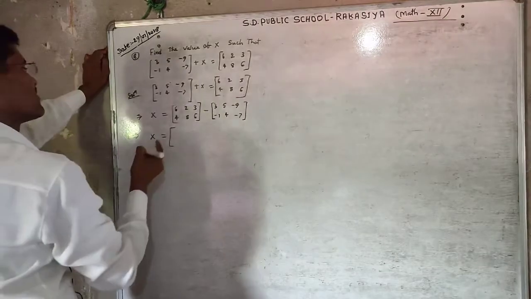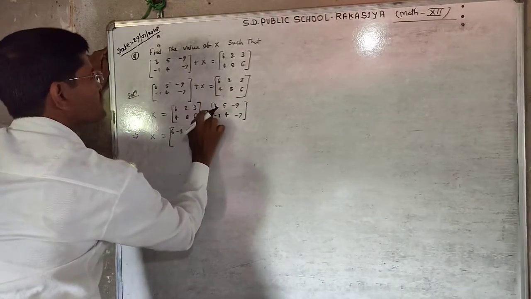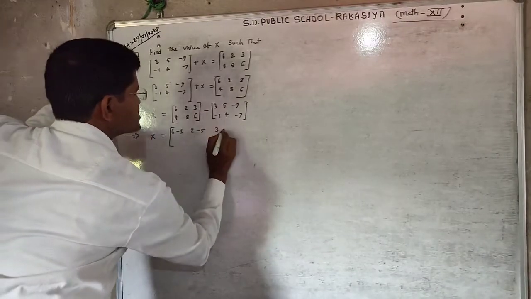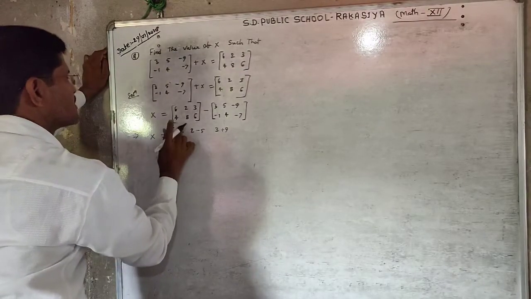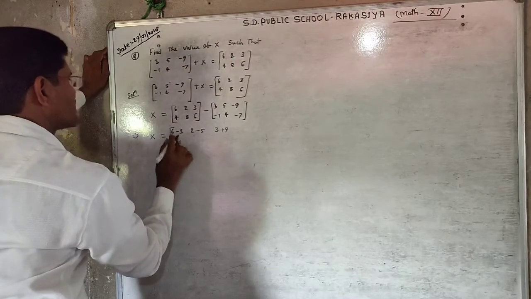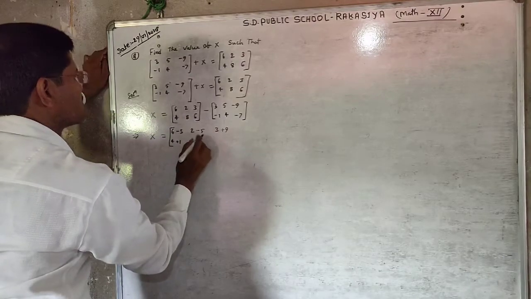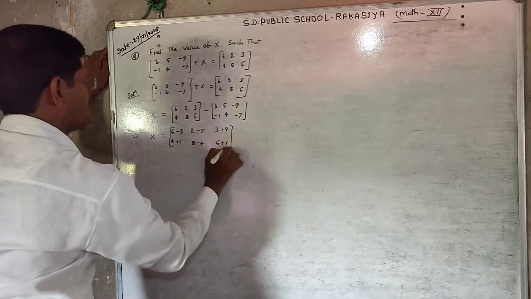Then this implies the matrix X can be found as 6 minus 3, 2 minus 5, and 3 minus minus, plus 9; 4 minus 1 minus minus, plus 1; here minus 4; and 6 minus minus, plus 7.